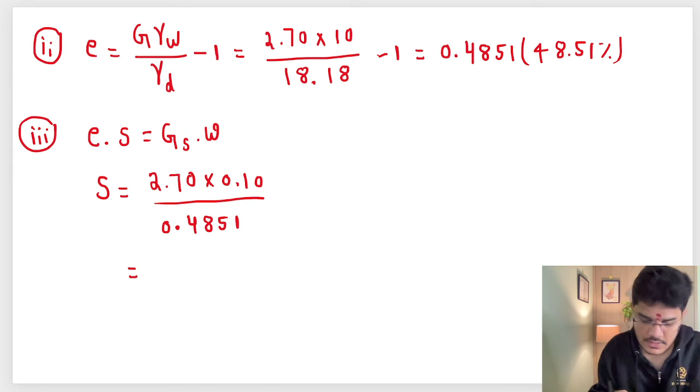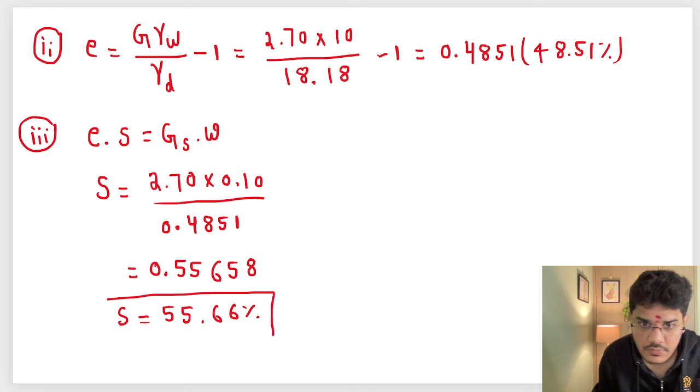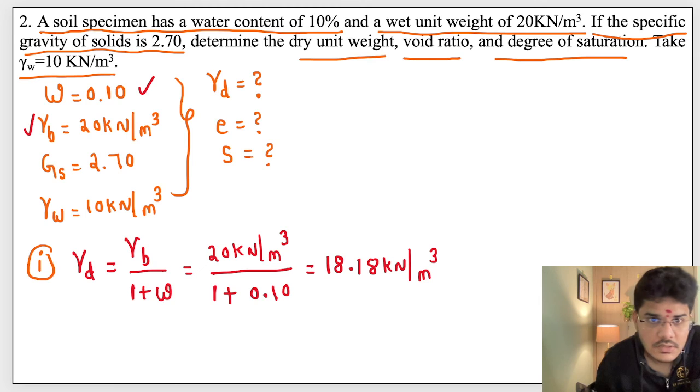So 2.70 into 0.10 divided by 0.4851 comes around 0.55658, or 55.66%. Degree of saturation is equal to 55.66%. So nothing else is asked, right?